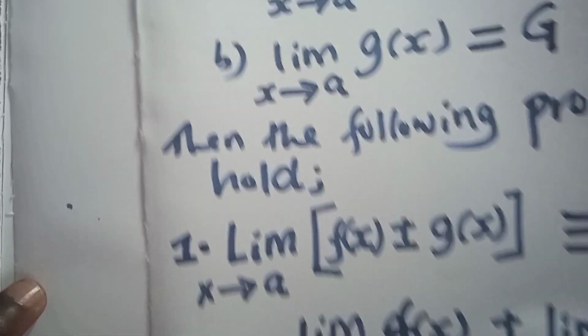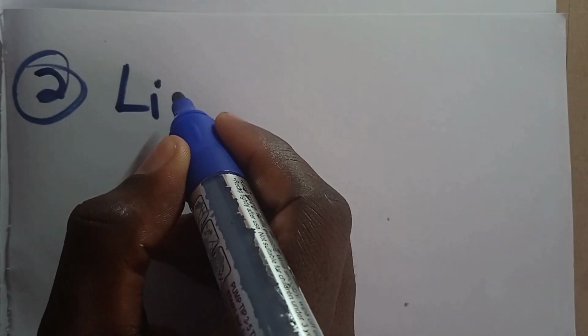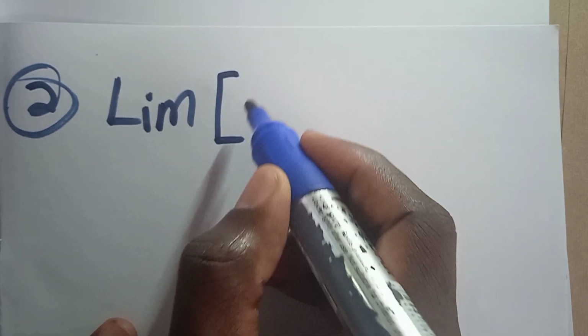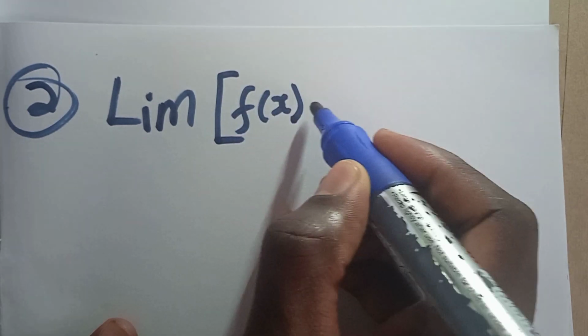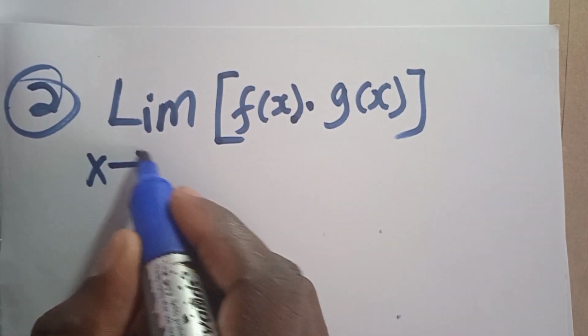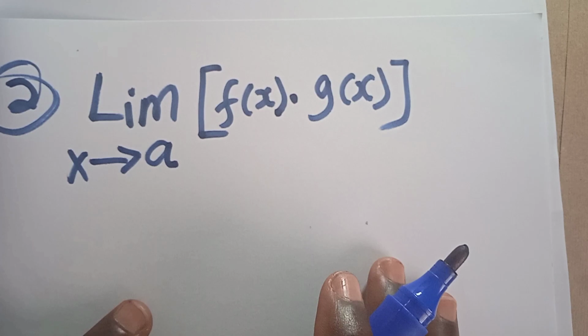The second property that we also need to consider is the one that now deals with the product. For the product, suppose you are to evaluate the limit of the function f of x times g of x as x tends to some number, let's say a.